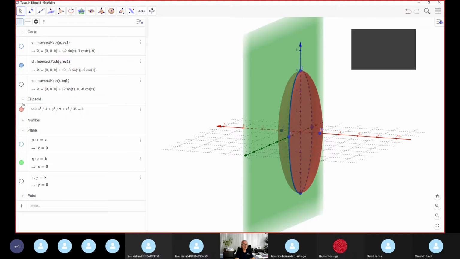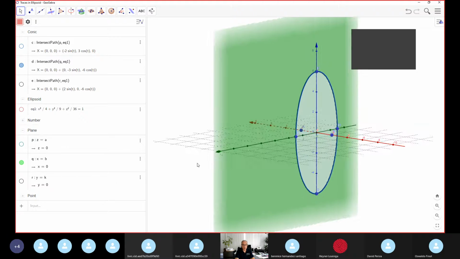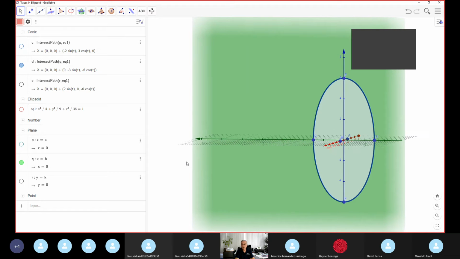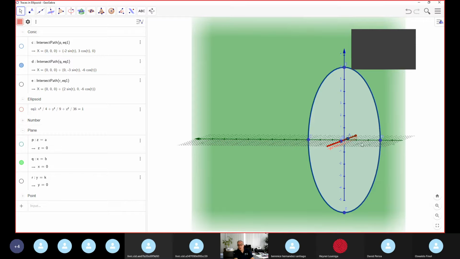And this curve, to see much better, I delete the ellipsoid. Yeah, I see it's another ellipse, right? But the semi-major axis is 6. And the other axis is 3, no? It's 3. Now let me see. 1, 2, 3, yeah. It's 3.